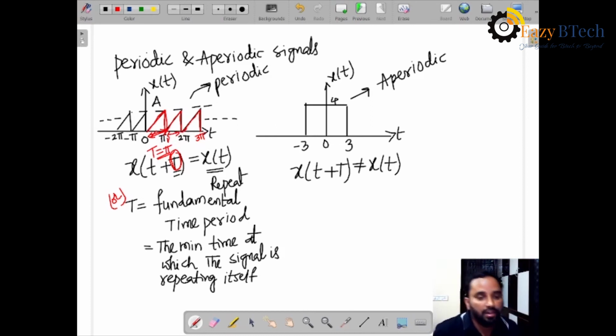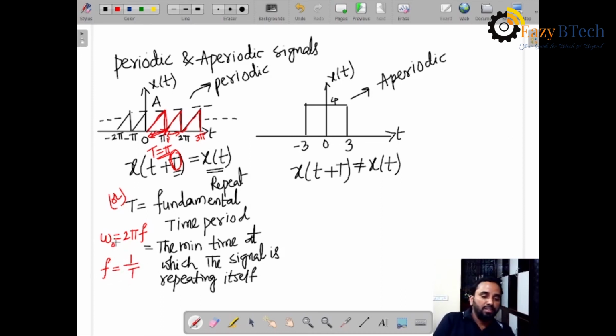Okay. And here we have one more relation. Omega, the angular frequency, omega or omega naught, is 2 pi into f. What is f? Frequency in Hz. So frequency in Hz we get 1 by T. Time and frequency are reciprocal, or inversely proportional.